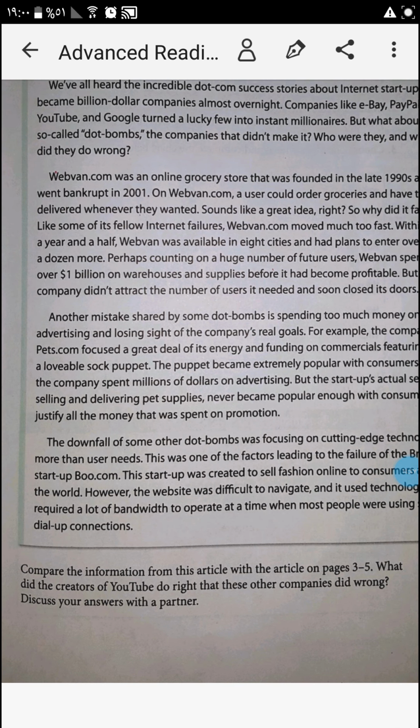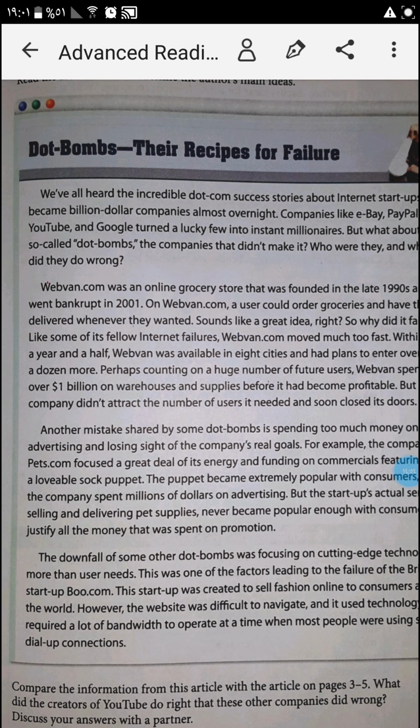So they also failed. So in this short article we have three important ideas of the writer, and he always gives an idea and then an example, a new idea and another example, and a third idea and another example, showing why these companies failed to succeed, unlike YouTube, which is a very successful and growing website, a startup company.